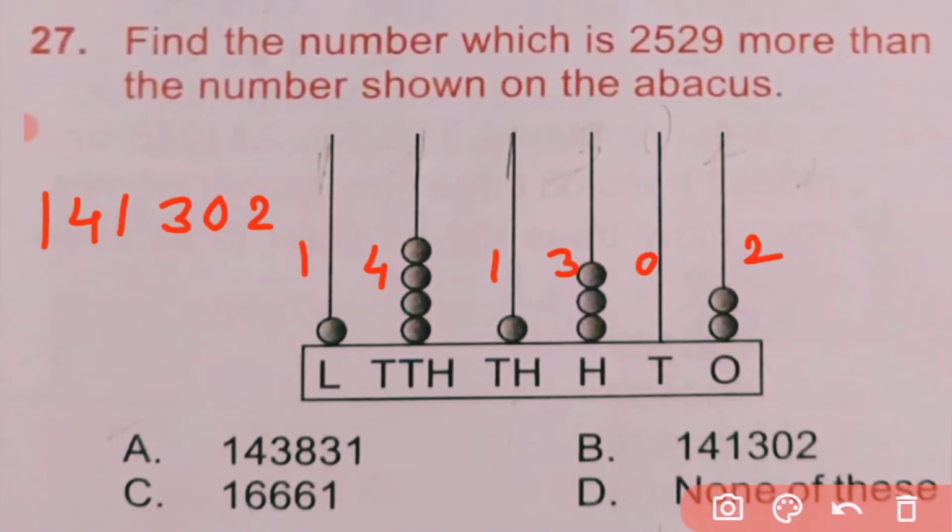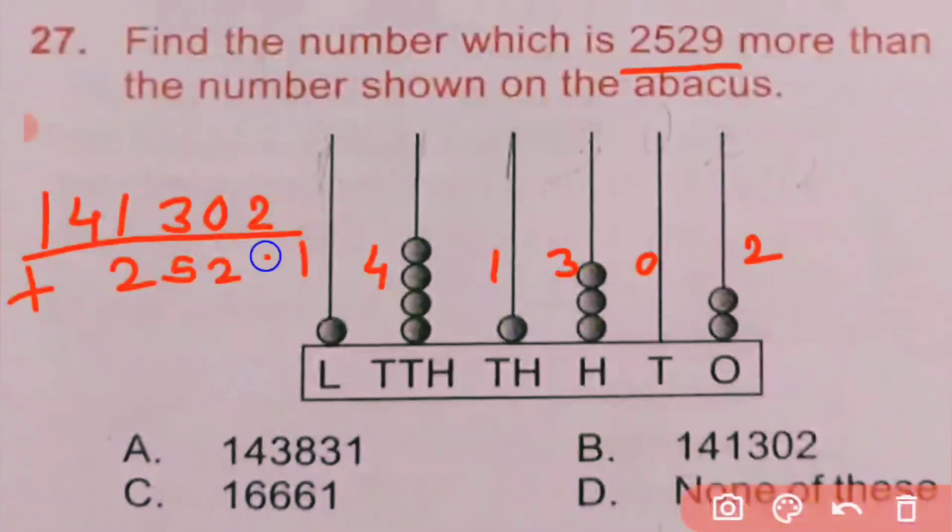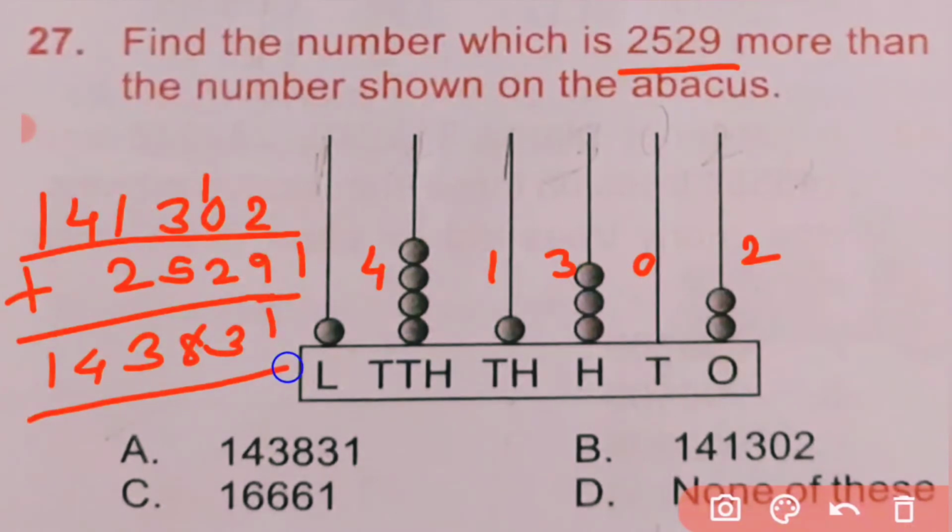Now we have to find the number which is 2529 more than this number. Means this plus 2529, which gives 1,43,831. So here A is the correct answer.